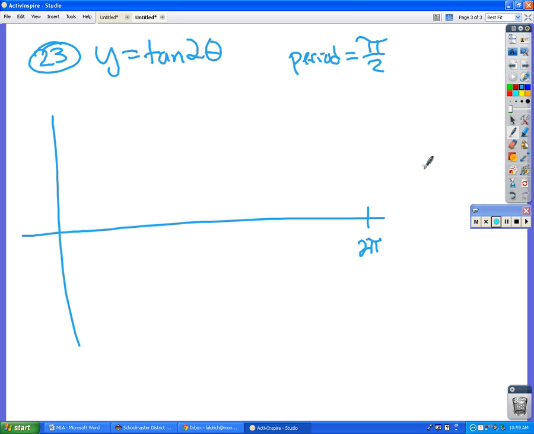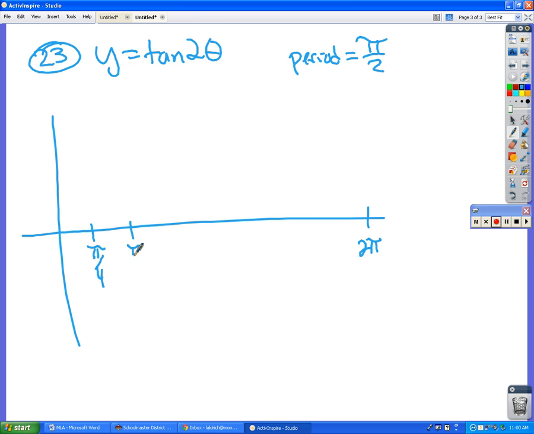Okay? So that means that, here's the tricky part, if the period of this function is pi over 2, the scale, I want to go half of that, so I want to go pi over 4. So I'm going to go by pi over 4 is here.